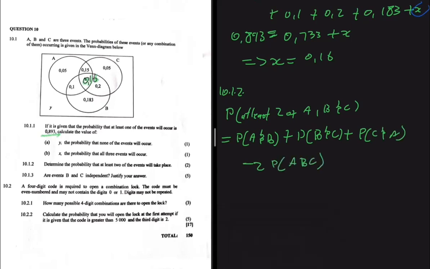So we're going to have the probability of A and B, so that will be 0.1 plus 0.16, right?